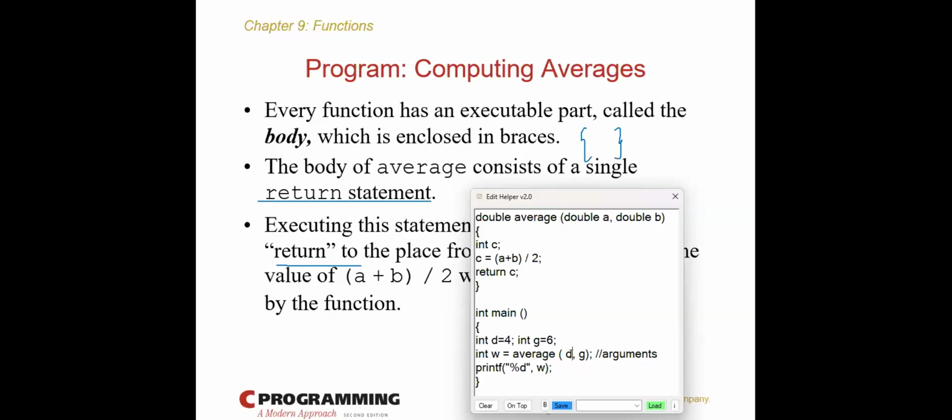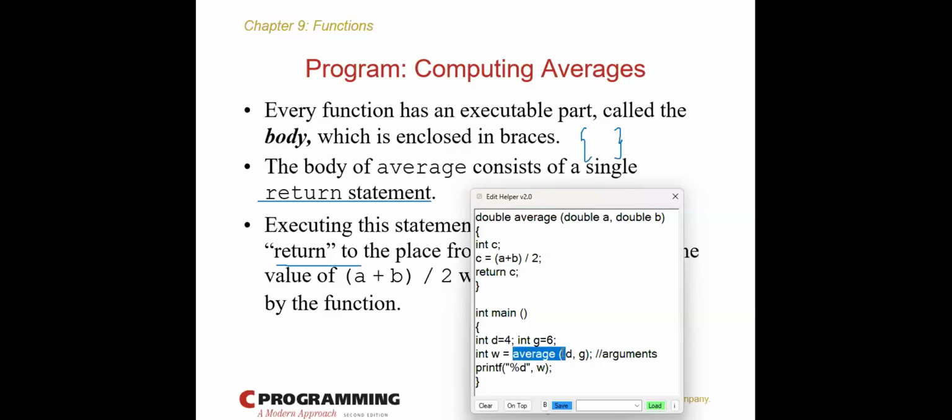What does that mean? D is 4. And we said that the first parameter is A. So 4 moves inside of A. 6 is copied inside of B. So we have 6 plus 4 divided by 2. That will be 5. We put that in C. We return 5. So what happens is this. The moment it returns C, execution jumps away from average and it jumps back here.